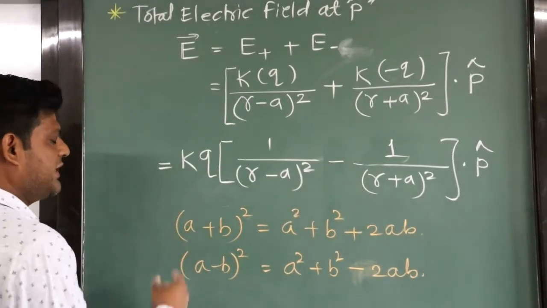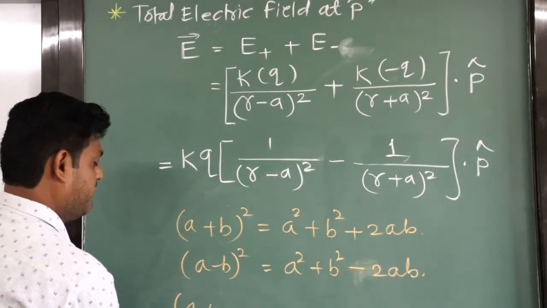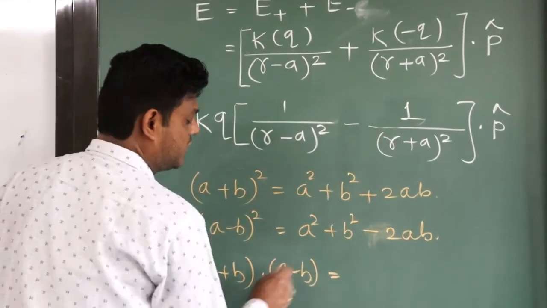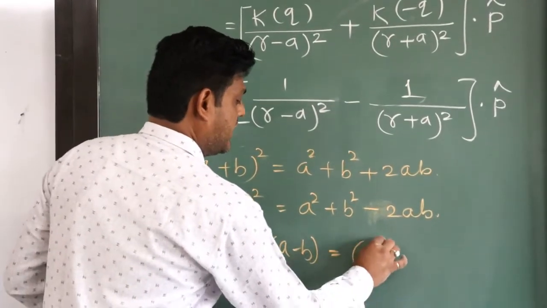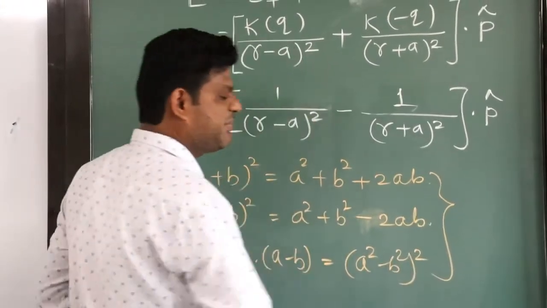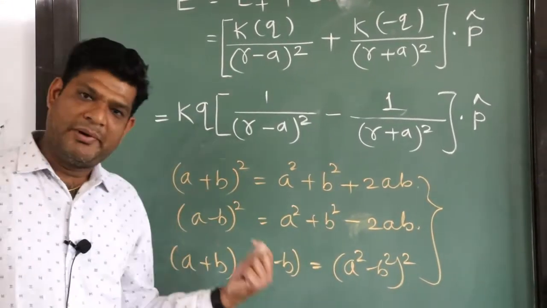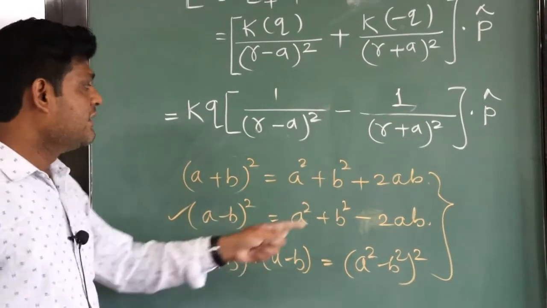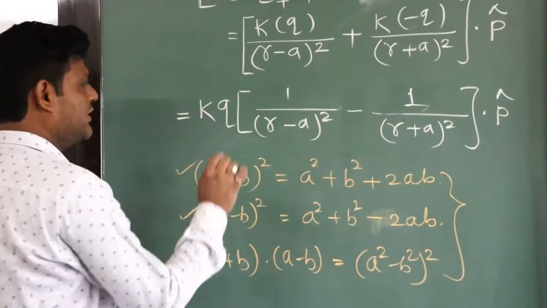And the next formula that we are going to use is (a plus b) dot (a minus b) equal to a square minus b square. These are the very basic formulas that we are going to apply over here. For r minus a we will use this formula, for r plus a we will use this formula, right?